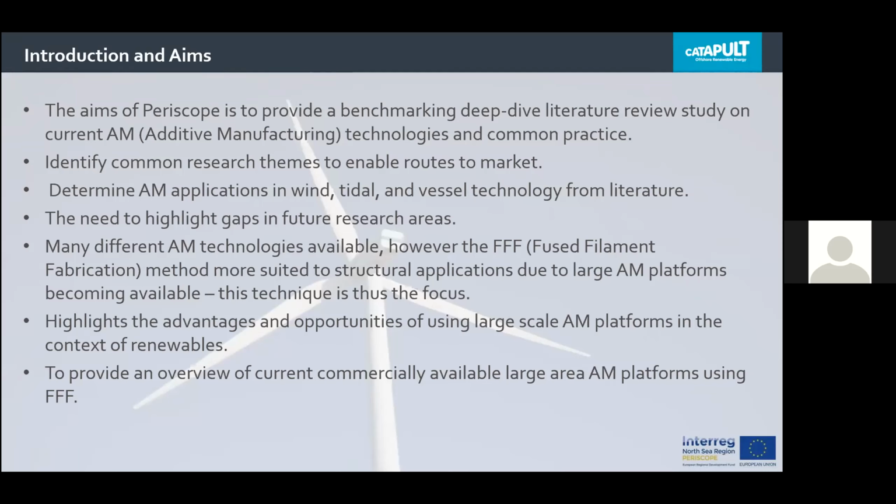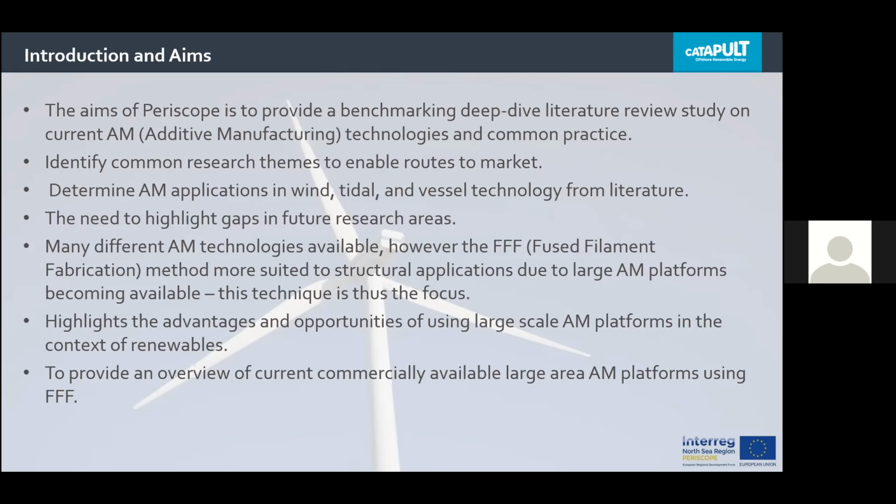So that becomes more of the focus towards the end of the report. It's really just trying to highlight the advantages and opportunities of using larger scale additive manufacturing methodologies in the context of renewables.